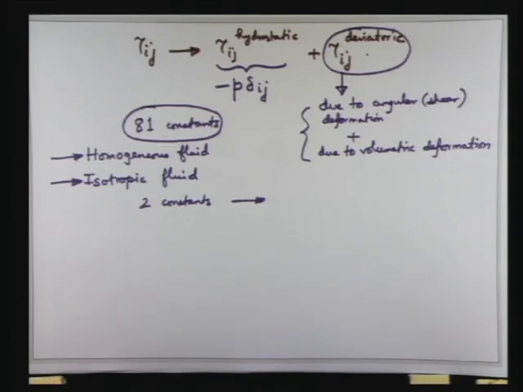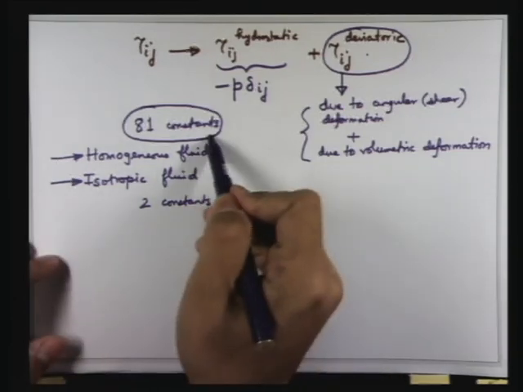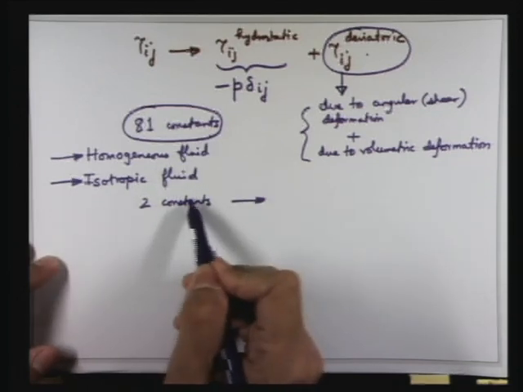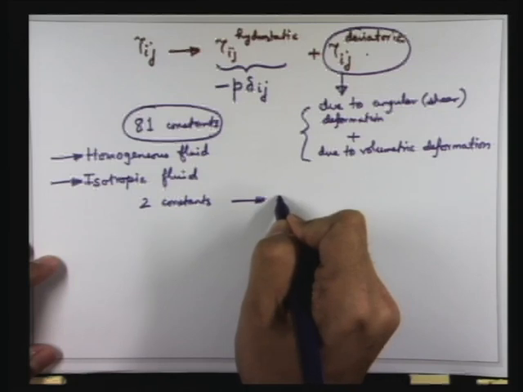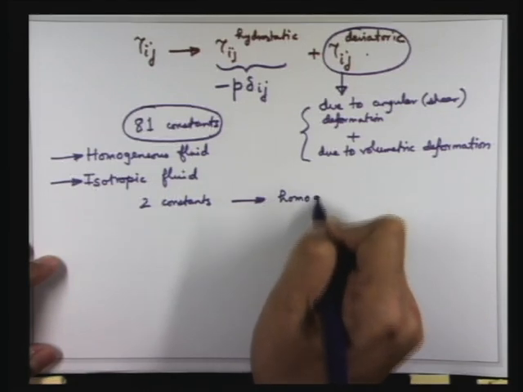So for the Newtonian fluid, the stress is linearly mapped with the rate of deformation. If you have the stress linearly mapped with the rate of deformation, then that linear transformation gives rise to 81 constants, which can be reduced to just 2 constants for homogeneous and isotropic fluid.